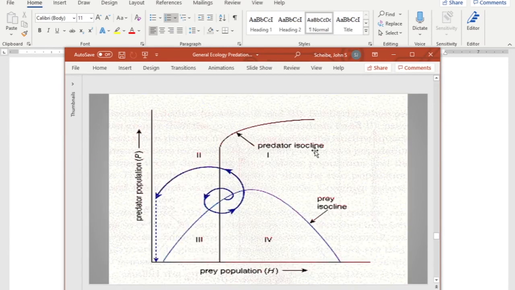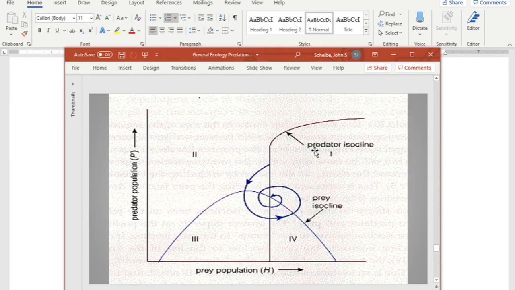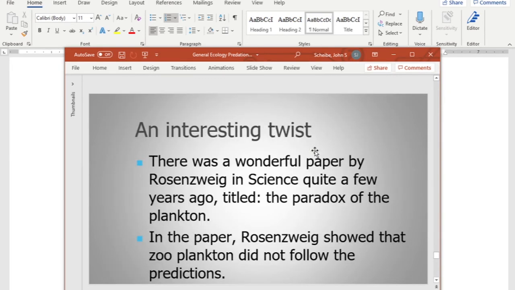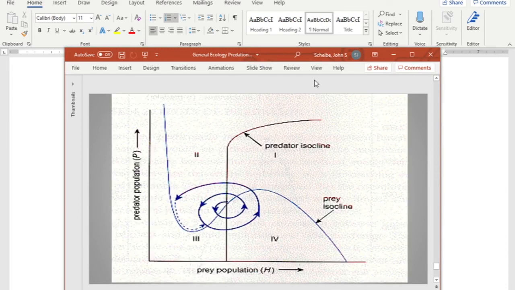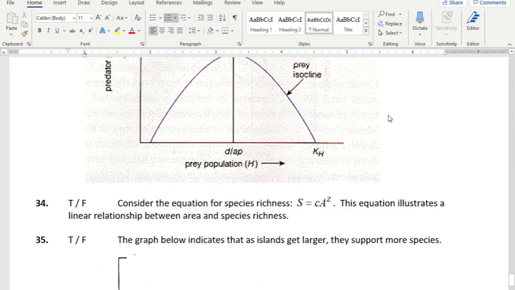Okay, and it depends on which side you're on, right? So this is one. If the perturbation is relatively narrow, you're going to stay in this range right here. If you go too much over here, it's going to cycle to extinction. If you go a little bit over here, it's going to be stable. So the only issue is if we go too far over here, it's going to become unstable.